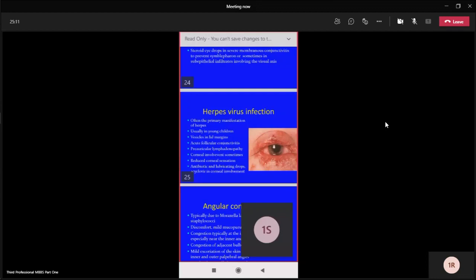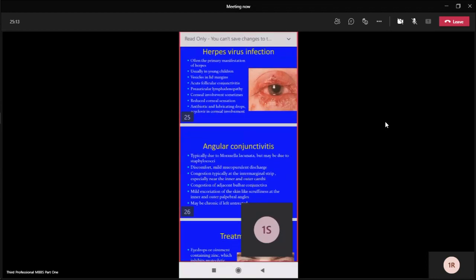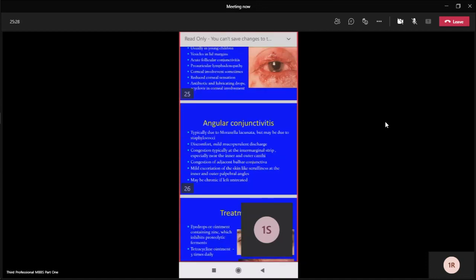Next is angular conjunctivitis. This is due to Moraxella, but may be due to Staphylococcus also. Usually there will be discomfort, mild mucopurulent discharge, congestion typically at the intermarginal strip near the outer or inner canthus.